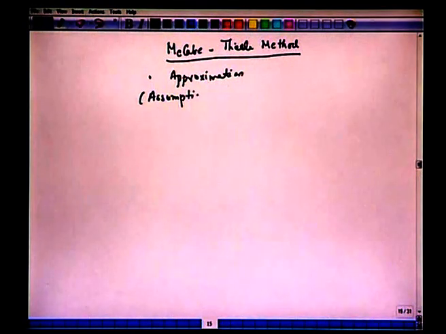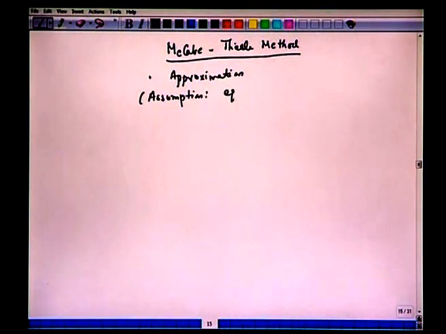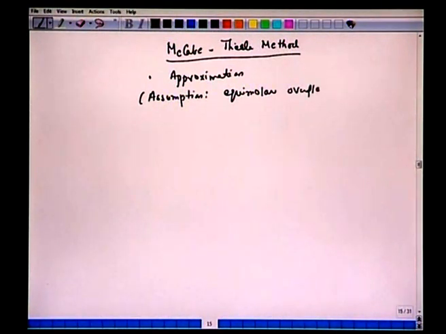What is the approximation in this method? There is an assumption of equimolar overflow and vaporization. We will discuss this.